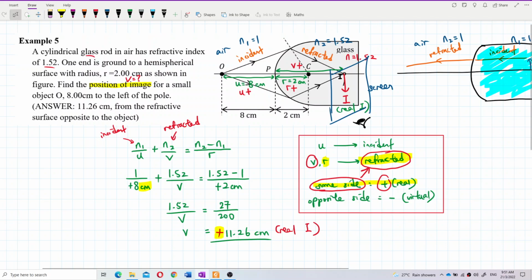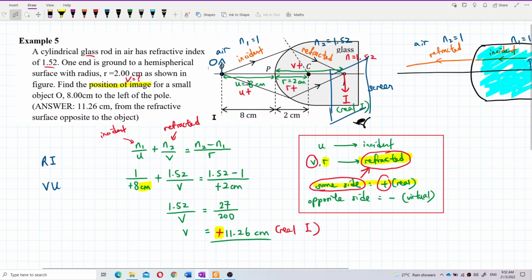So why do I draw the image inverted? Why is the real image inverted? Back to the acronym which I have learned, RIVU: real image, if the object is upright, then the real image is inverted.